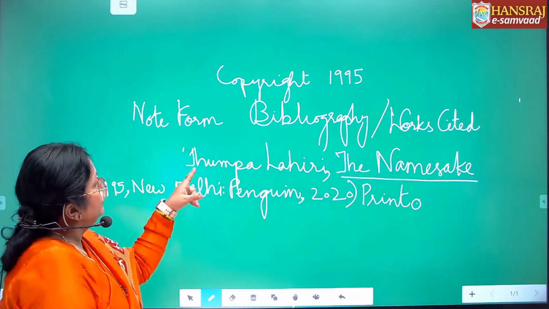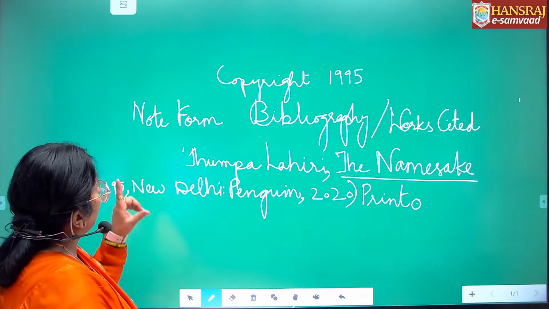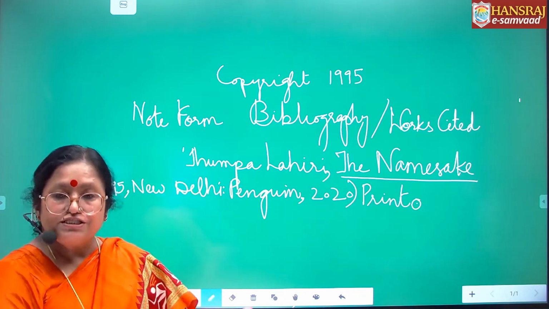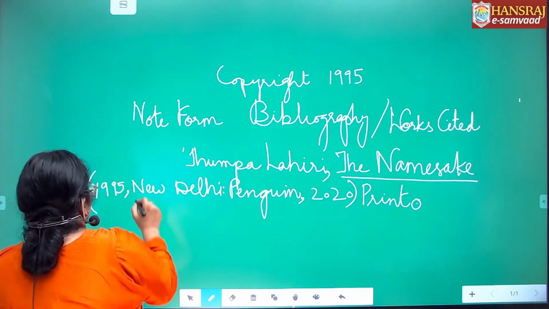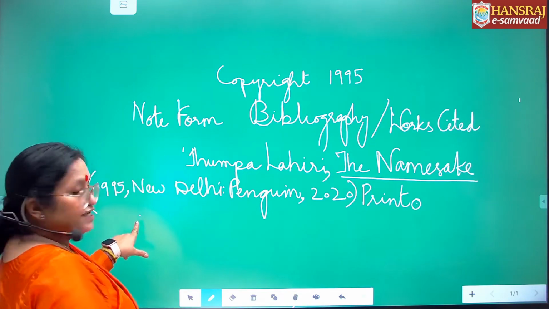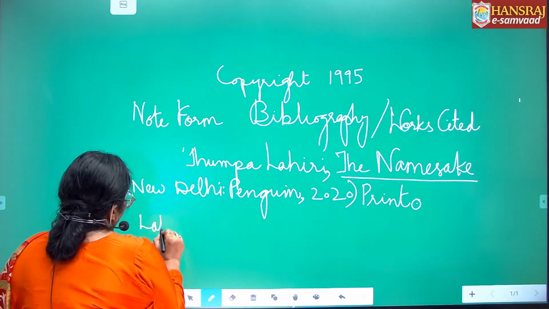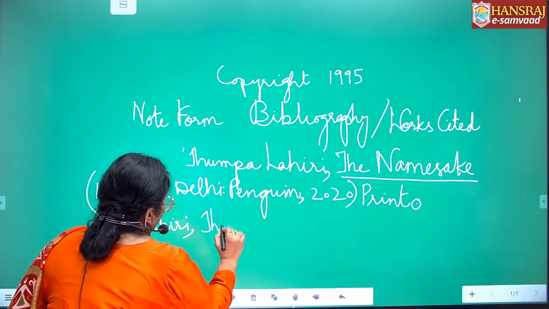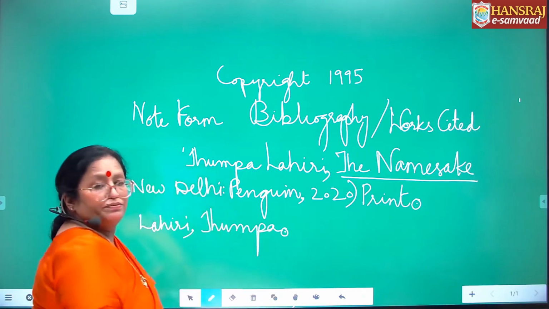Now I told you in note form, Jhumpa Lahiri is in the normal order, but from our bibliographical point of view, the name is in reverse order and the entry will begin from the beginning. It is alphabetical and it will be like Lahiri, comma, Jhumpa, followed by a full stop.